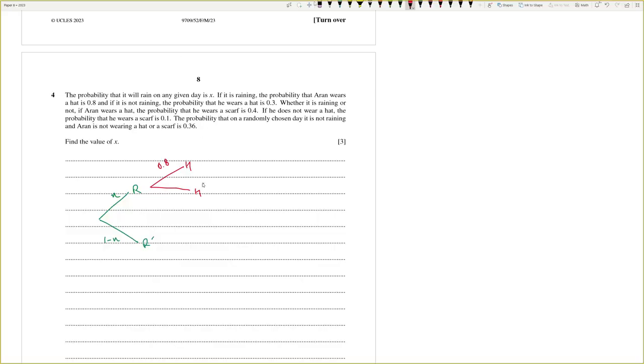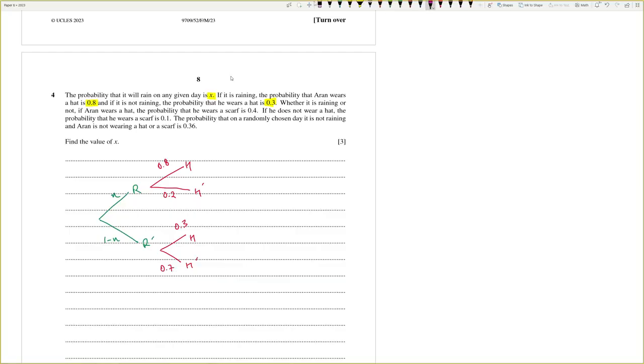So the probability that he does not wear a hat is 0.2. Now, if it doesn't rain, the probability that he wears a hat is 0.3, and this is going to be 0.7. Perfect.